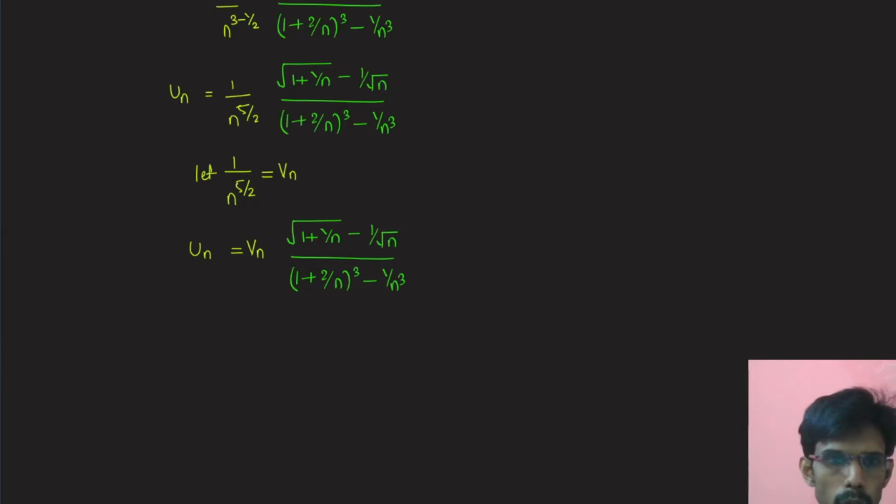Now applying limits on both sides, we have limit n tends to infinity and divide this by Vn. So here we have un by Vn, which is equal to, we have limit n tends to infinity, this term. So this term can be copied.